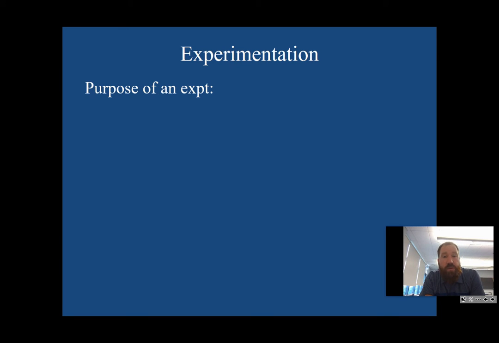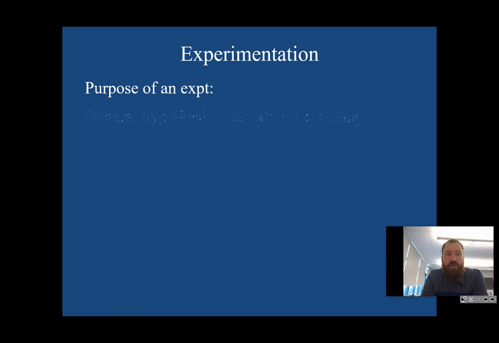Again, assuming that we do them the right way, we can make a claim that one thing causes another. And the way that we're going to walk through this and learn about experimentation is by looking at each of the specific components. I'll be talking about how they work, and then we'll be getting into some of the vocab along the way.